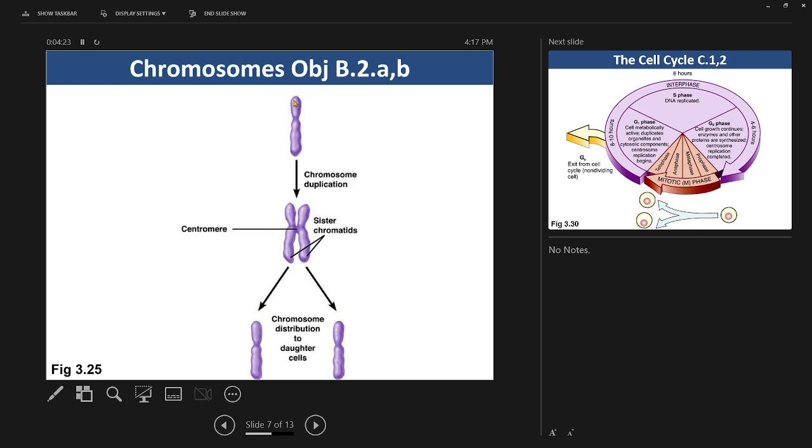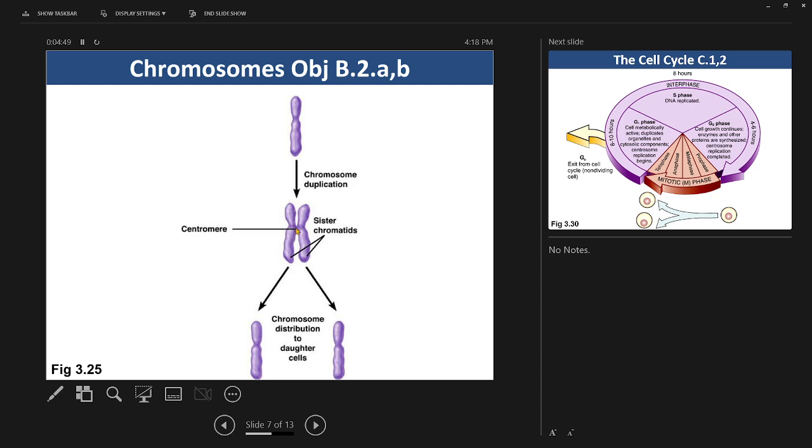And so we only have one copy of DNA here. The DNA copies itself and makes an X. And then during the cell division, during mitosis, one set of the X chromosome goes to one cell, and then the other one goes to the second cell. So that's how we duplicate our DNA.